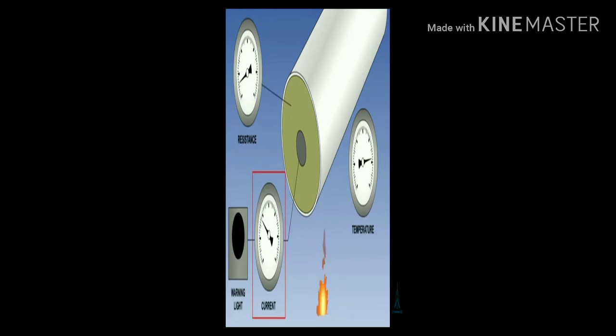This allows current flow to the center electrode to increase until the temperature reaches the set point, and the warning light will come on. If the temperature drops back, the warning light will stop.